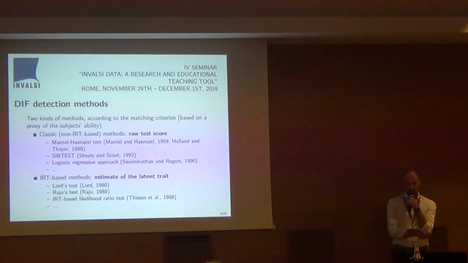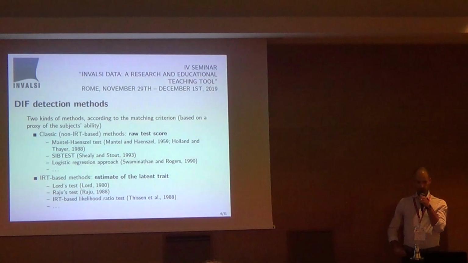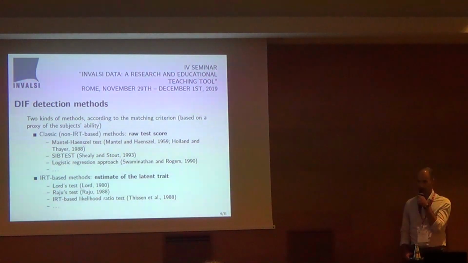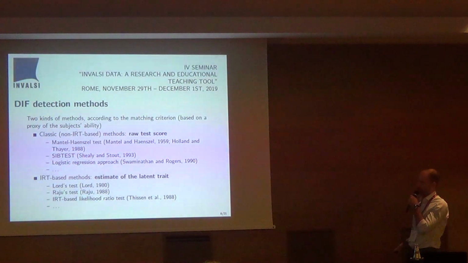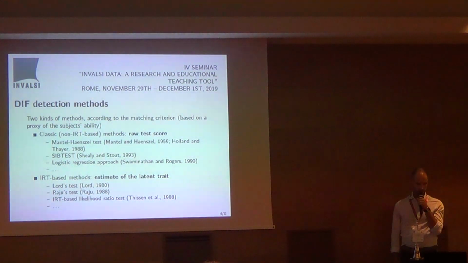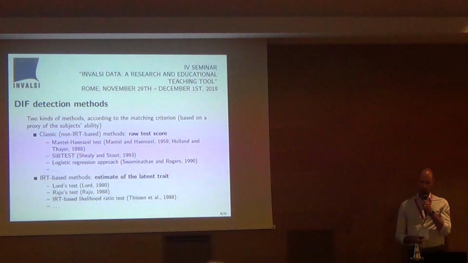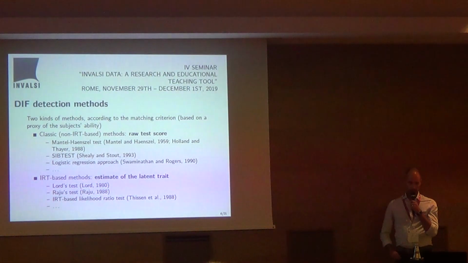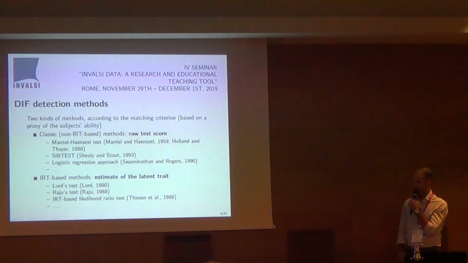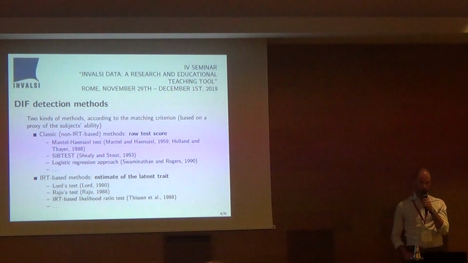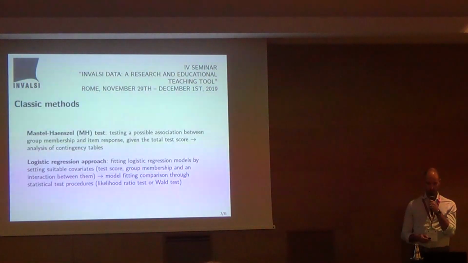While the other type of methods rely on IRT models, item response theory, and in this case the matching variable is the estimate of the latent trait as a proxy of the student's ability. We have many types of methods, Lord's test, Raju's test, or the IRT-based likelihood ratio test, and so on.